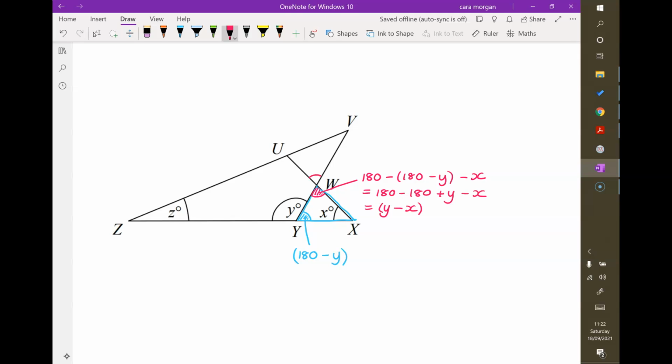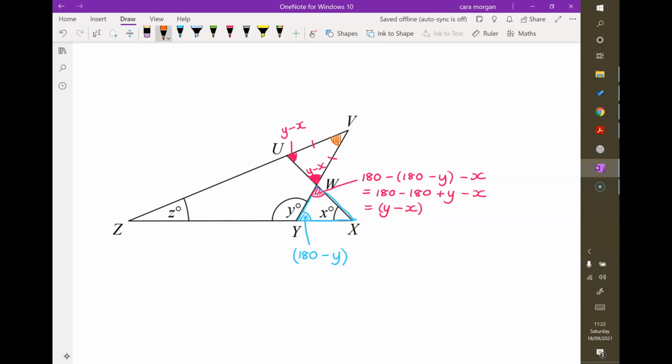Because of vertically opposite angles, I know that I have another one above it that is the same. And because I have an isosceles triangle, and the base angles of an isosceles triangle are always equal, that one over there must also be Y subtract X. That leaves me with a remaining angle in that top triangle, angle UVW.